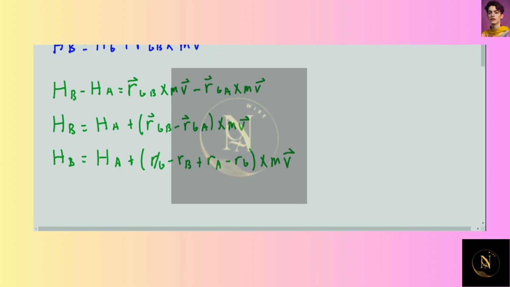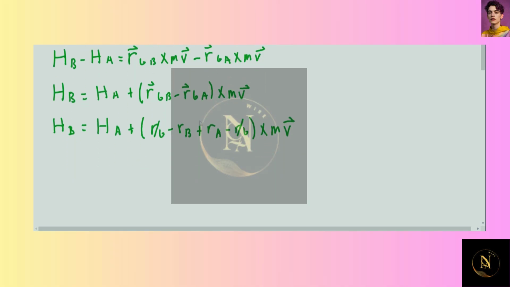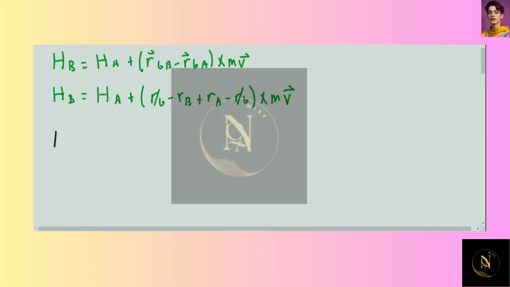And then we notice that these two terms will cancel, and we'll be left with negative R of B plus R of A. So we can finally write this as h of B is equal to h of A plus the position vector from A to B cross its linear momentum.